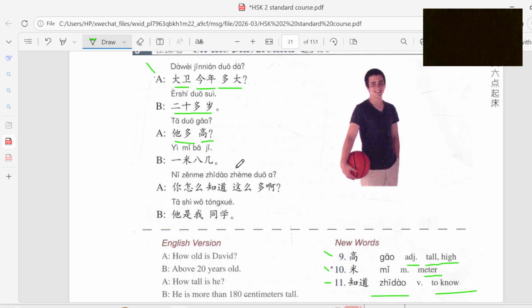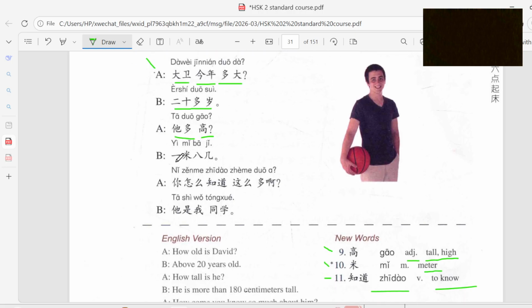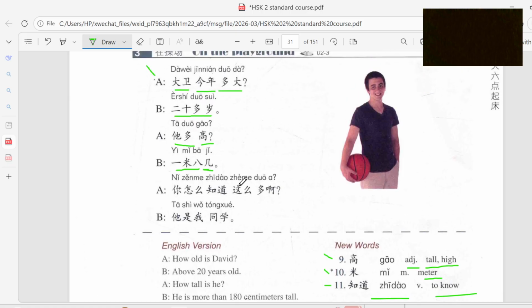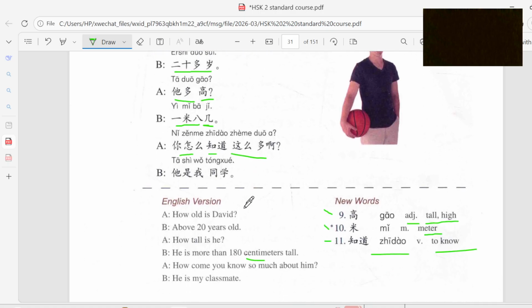How tall is he? This is how they say height in Chinese: 1米8. You can say 1米8, which means 1.8 meters. You say 1 meter plus 8, 1米8, then plus 几. So if you add 几, it means he's more than 180 centimeters tall. 1米8几, Mr. David. Then it says 你怎么知道这么多呀？How come you know so much about him?